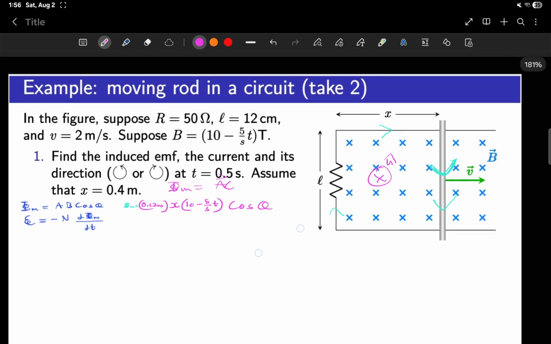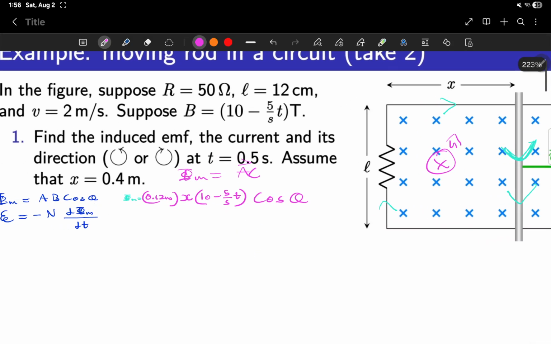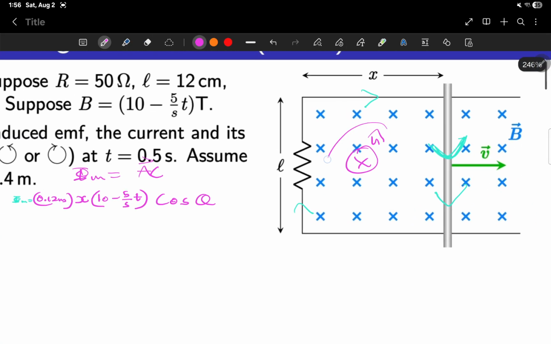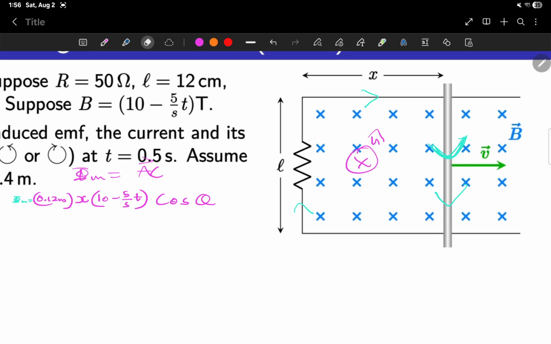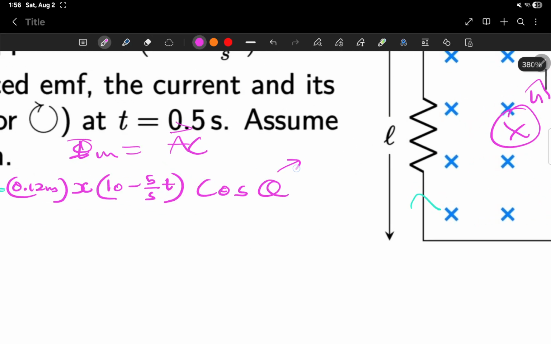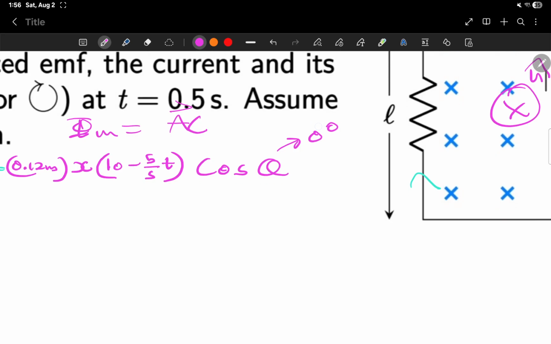Now basically I want to find the angle, right? The entire reason I'm doing this is to find the angle between the area vector and the magnetic field vector of the external magnetic field. In this case, it's going to be 0 degrees because I've assumed the area vector points in the same direction as the external magnetic field. When you take the cosine of 0, you get 1. So this entire thing is just 1.